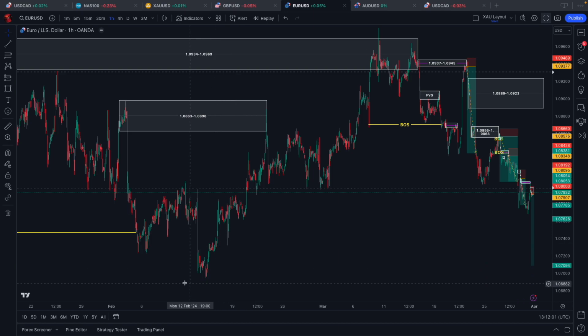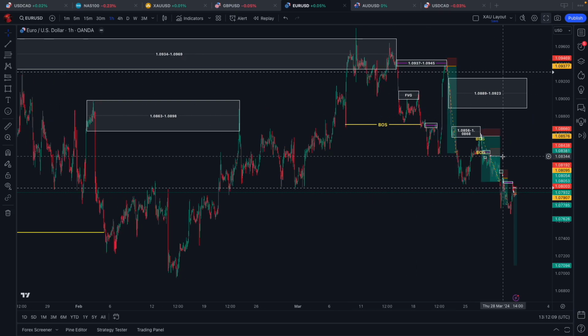And I say, I want to see price trade beneath this low here, because price has traded up and into this supply zone, giving us the break of structure to the downside, and we have seen strength in the US dollar. I've been pushing this in the Sunday sessions videos for the past 2 weeks, strength in the US dollar, and therefore we want to see weakness in the likes of the Euro US dollar and AUD USD, things of that nature, and price has played out exactly as we had predicted.